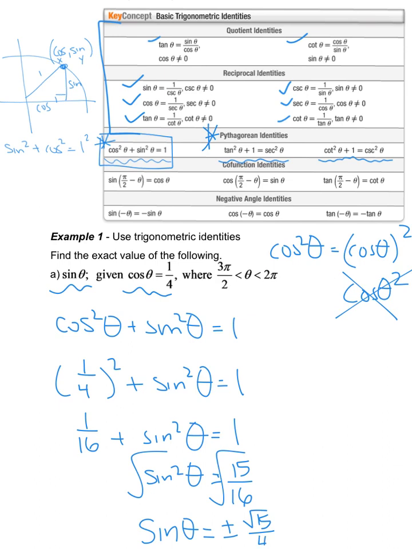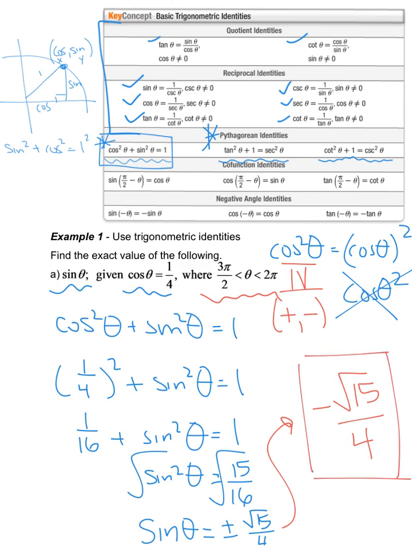So at this point, the question is, which one of those is the correct answer? And that's where this piece comes into play. It says we want to find sine when theta is between 3 pi halves and 2 pi. We should know at this point that's an angle in quadrant 4. I know in quadrant 4, my coordinates are always positive x values and negative y values, which means my answer, since I'm looking for sine, must be negative root 15 over 4.